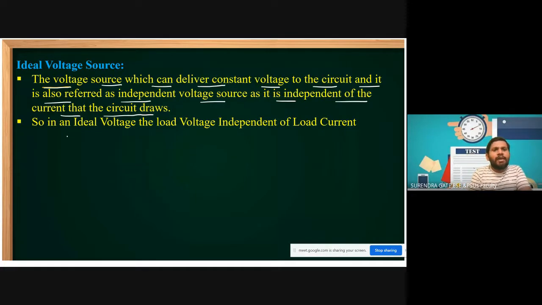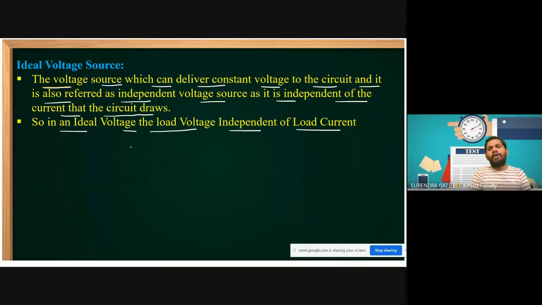That means in an ideal voltage source, the load voltage is independent of the load current. Whatever the load voltage is, that load voltage is always equal to the source voltage, independent of the load current. Yes, let's consider the representation of the ideal voltage source, friends.